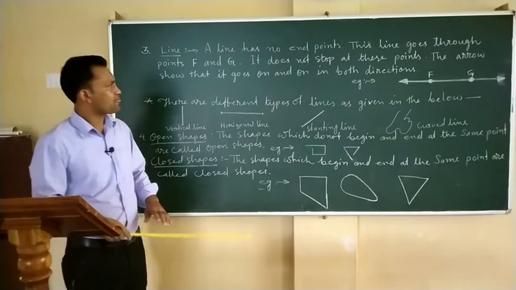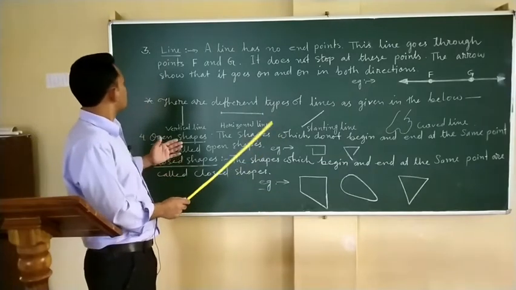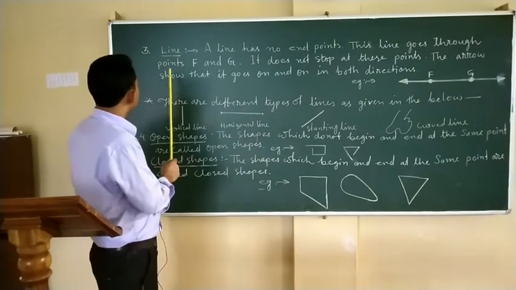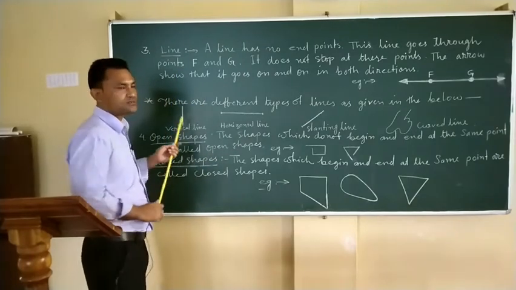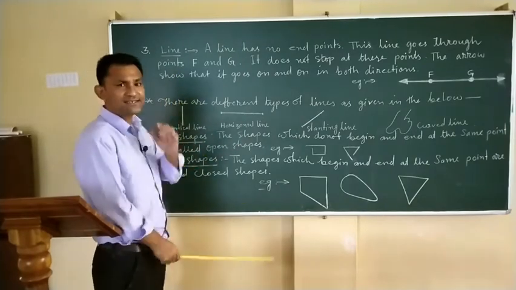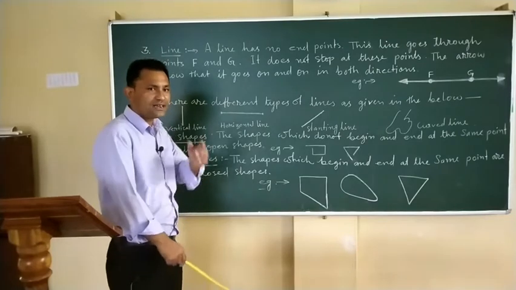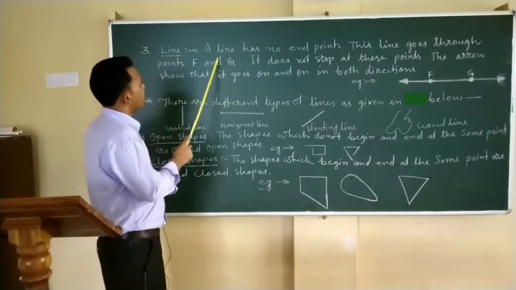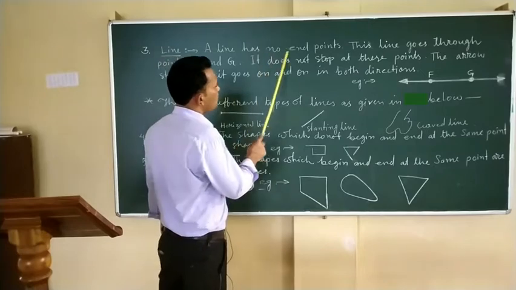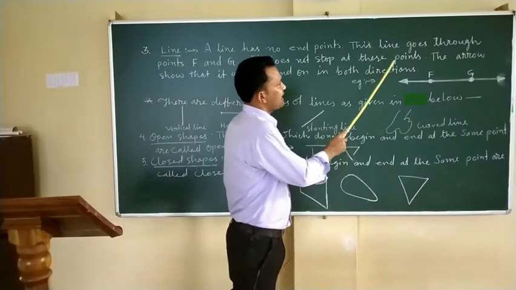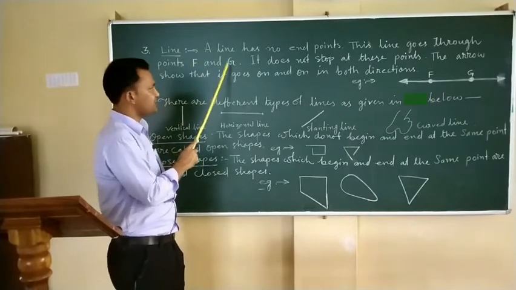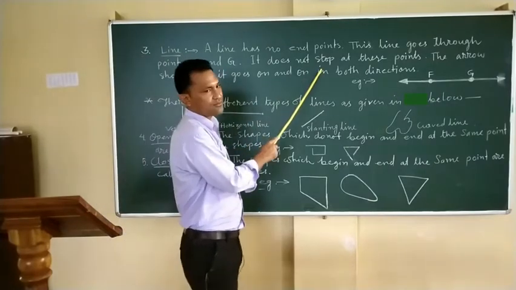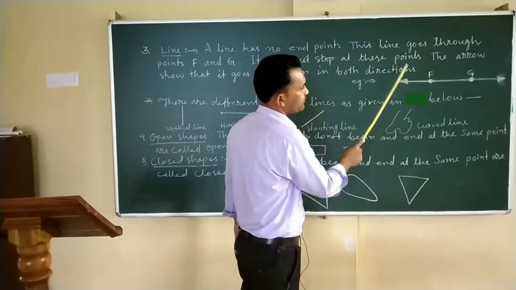My dear children, in lecture number 3, we will discuss line. A line has no end points. This line goes through points F and G. It does not stop at these points.